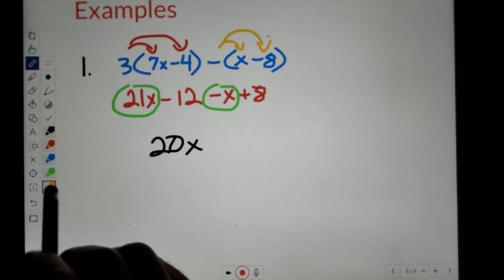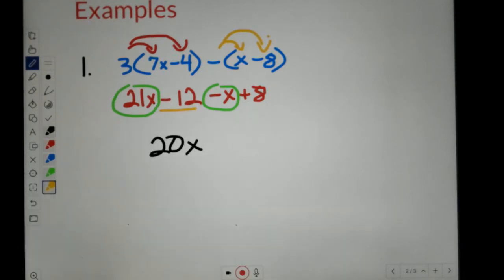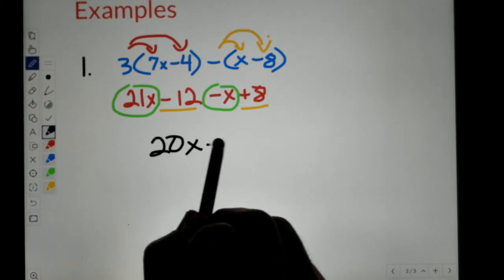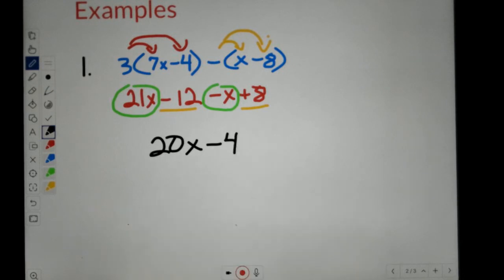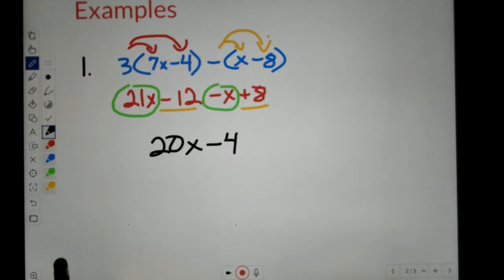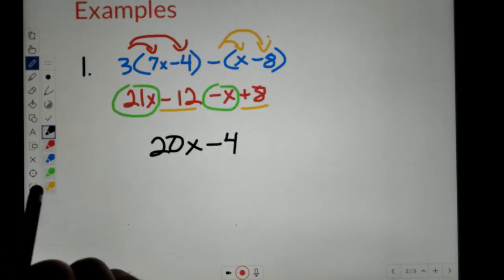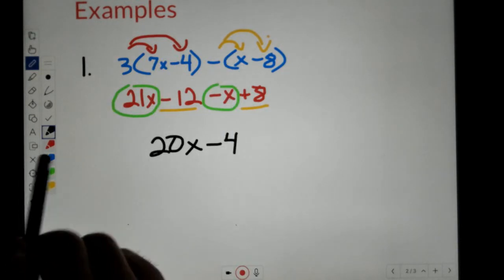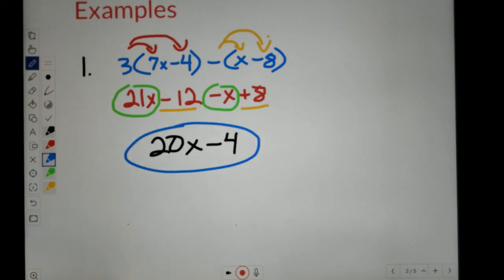And then our other like term, we have negative 12 and plus 8. And when we combine those terms, we get minus 4. So we have simplified this by using the distributive property, and we now have 20x minus 4.